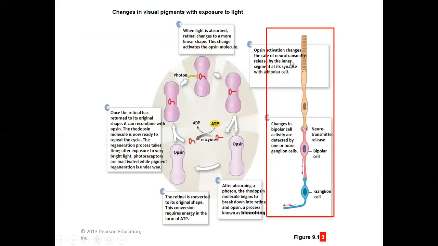So take a look. Right here's the photoreceptor. Light passes in this direction and activates this photoreceptor. So here's part that's kind of, we're just going to gloss over a little bit.